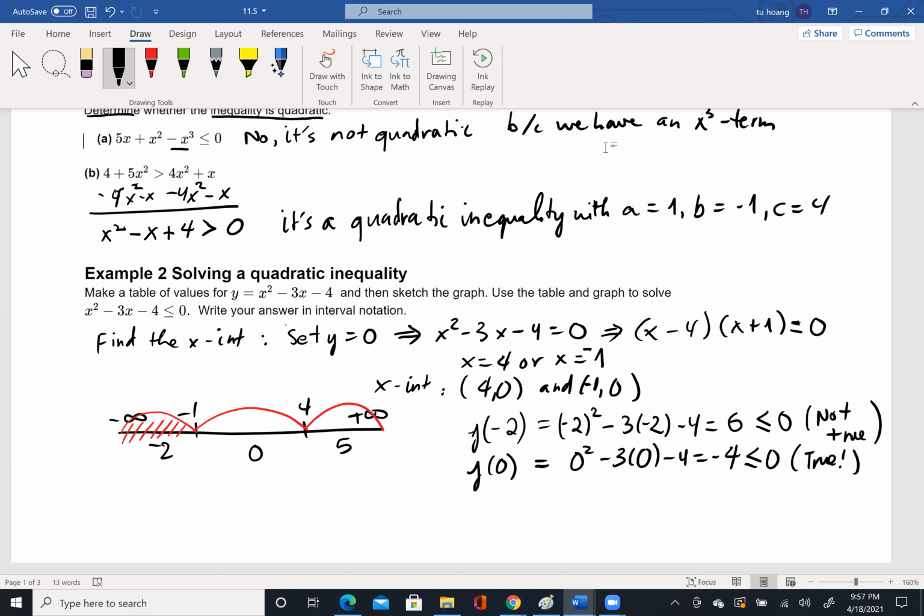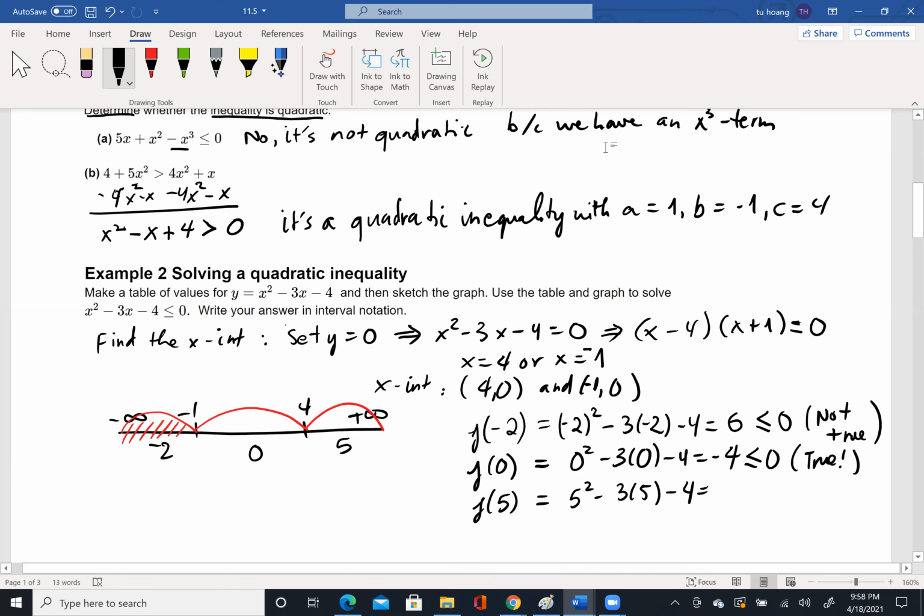What about f of 5? Last interval, use test point 5. Here 5 squared minus 3 times 5 minus 4. You can use a calculator, but 25 minus 15 minus 4 is 6 again, and that's less than 0?